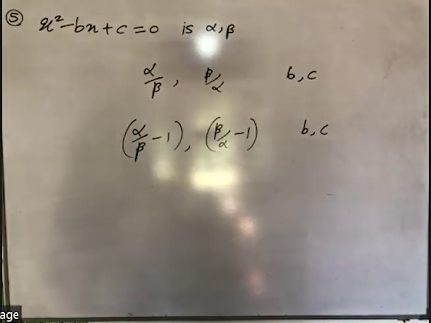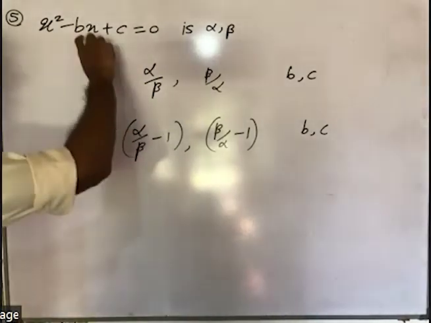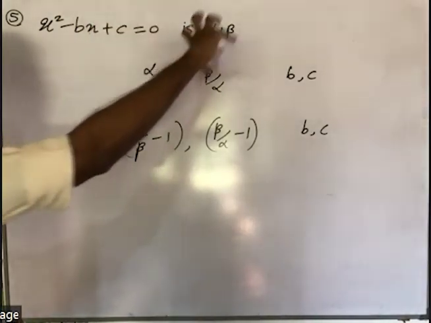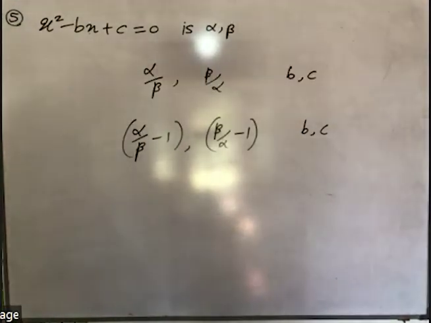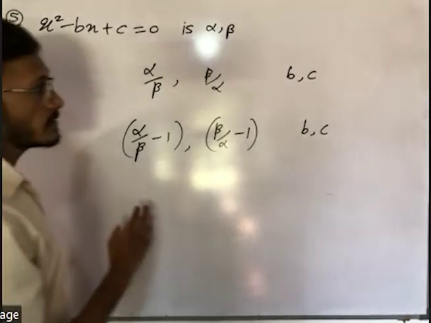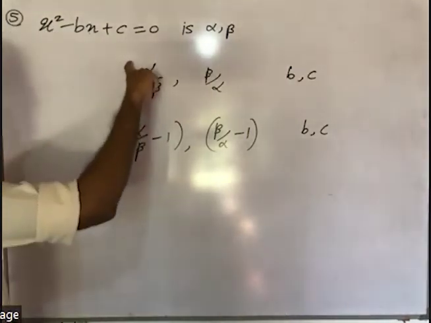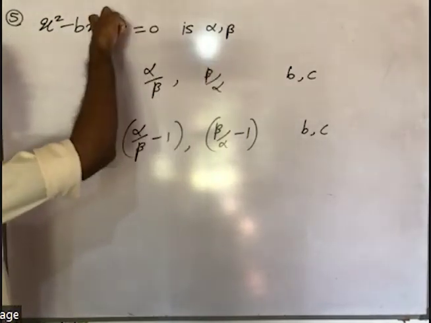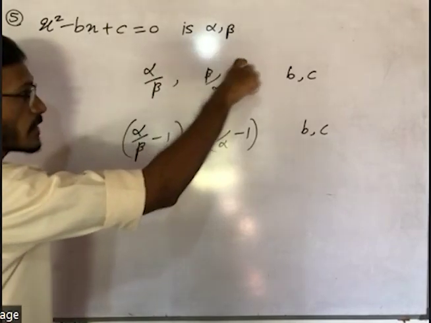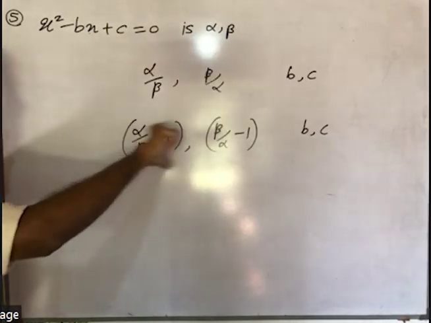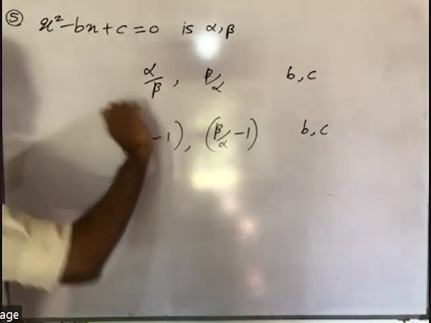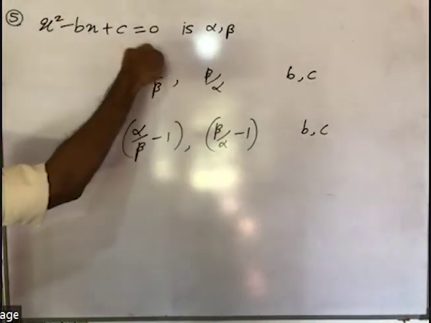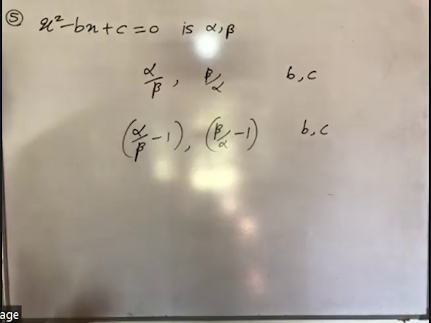First, using this equation you have to find the equation with roots alpha over beta and beta over alpha. That is the first part. Now the second part, using the second equation, not the first one, you have to derive the third equation with these two roots, right? So first part you have to find, second part you have to derive.